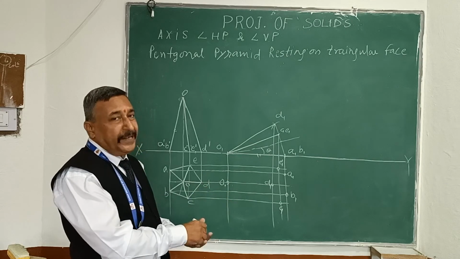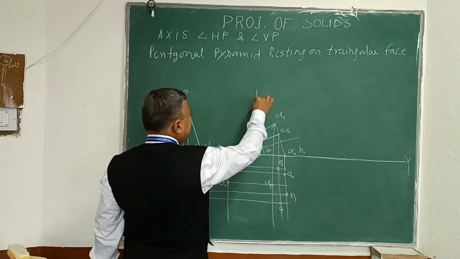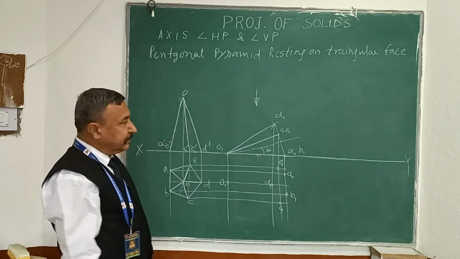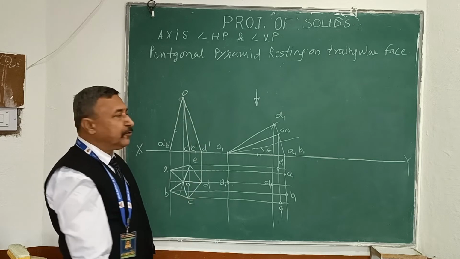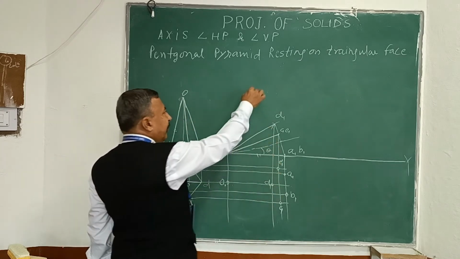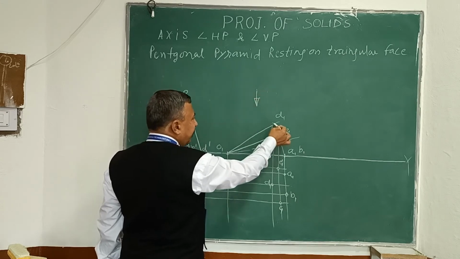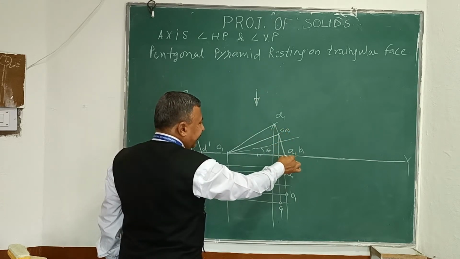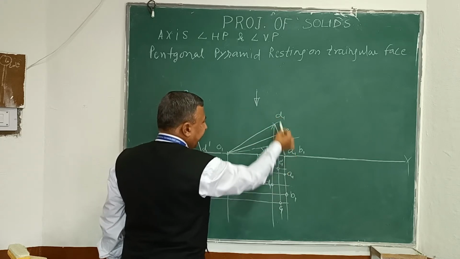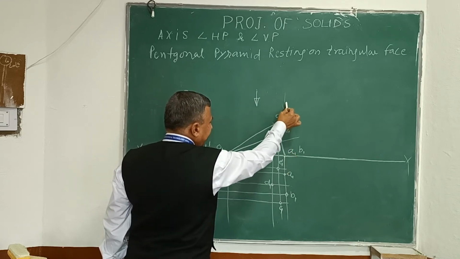Now we have to complete it. So before it, we have drawn an arrow in this direction. This shows the direction of observer. Now when we observe from top, the base is visible.